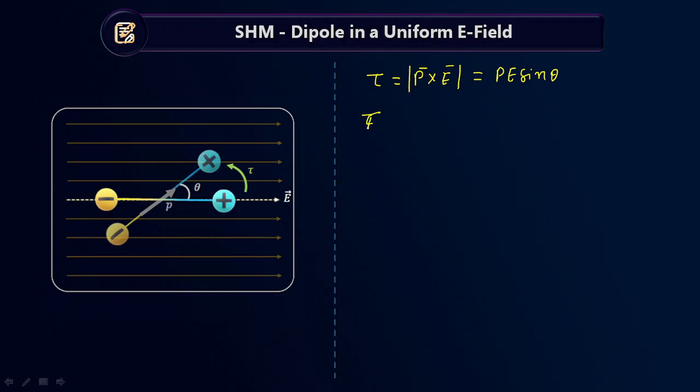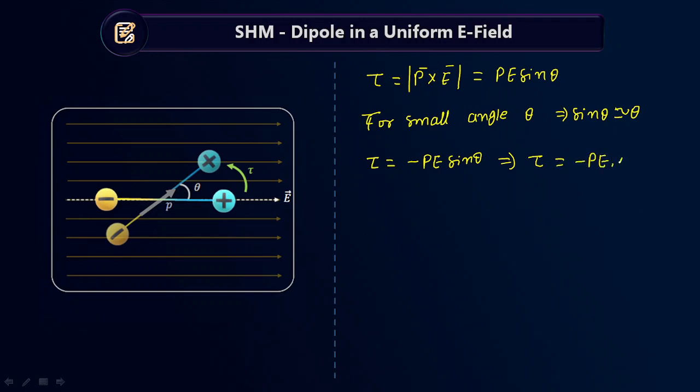For a small angle theta, can I say that sine theta is approximately equal to theta? Yes or no, everyone? So torque is equal to minus PE sine theta. If theta is small, we can write the torque as minus PE times theta.